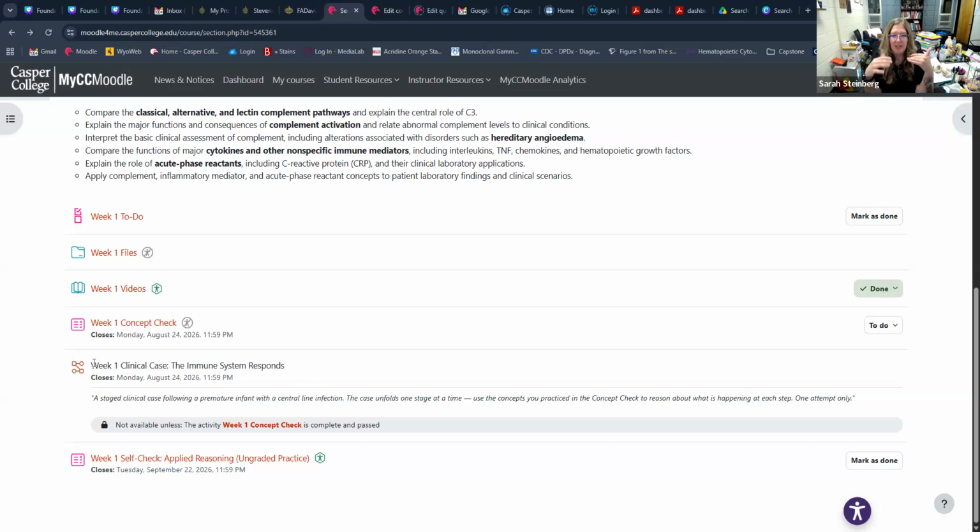What the clinical case does is it takes you through a series of questions and presents to you a series of stages of a patient. This one is a staged clinical case following a premature infant with a central line infection, and the case unfolds one stage at a time. You only have 1 attempt for this, but I think it's only worth like 14 points or something.